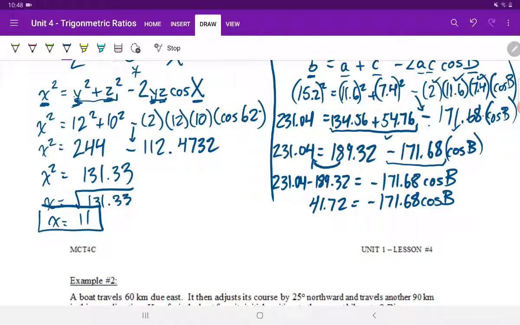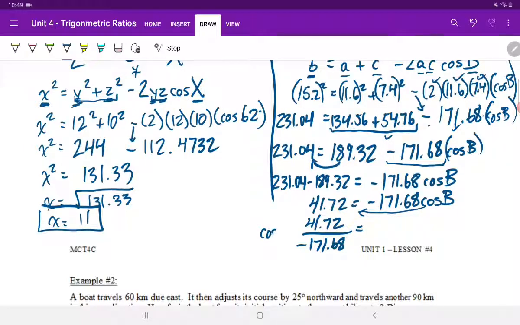Okay, now how do we start to get B by itself? Well, it's being multiplied by negative 171.68, so divide it on the other side. Now, I'm going to do two steps here. So instead of writing cos B here, I know I'm going to have to bring the cos to the other side as well.